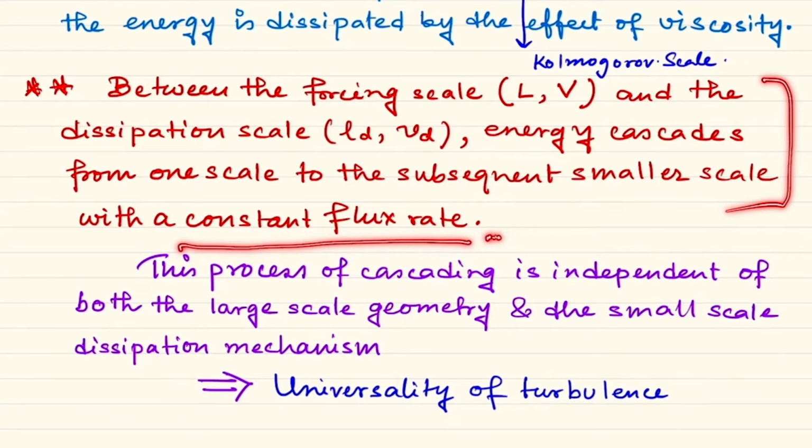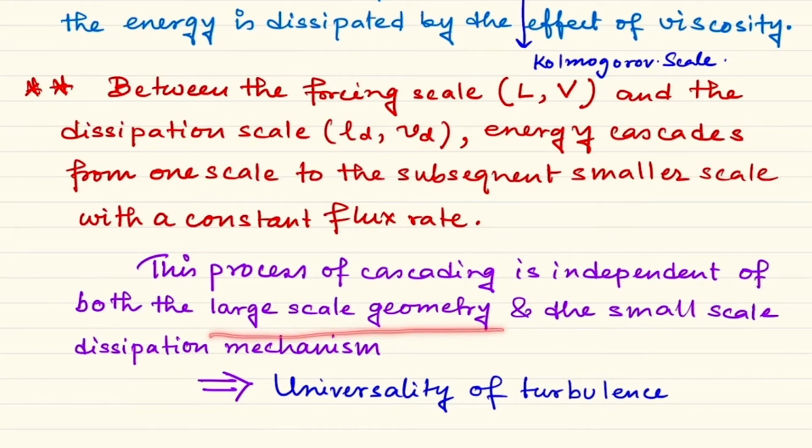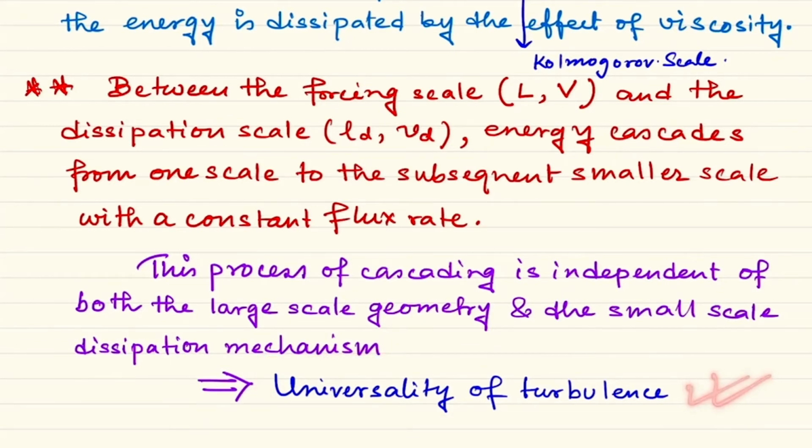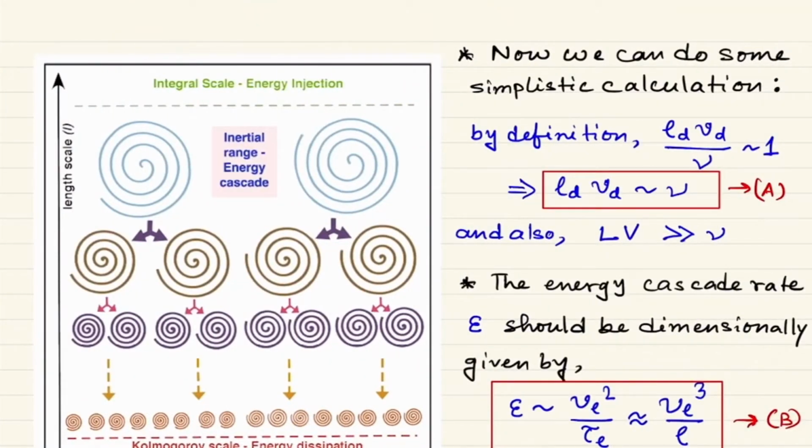does not really need any detailing of the large scale geometry and the small scale forcing, and that's why this process of cascade gives us a concept of universality or universal behavior of turbulence, because it is saying that the energy is injected at this scale.